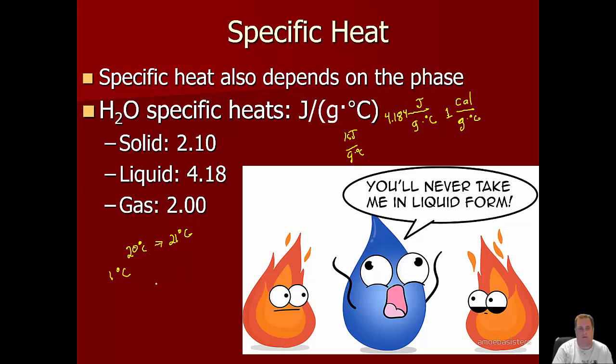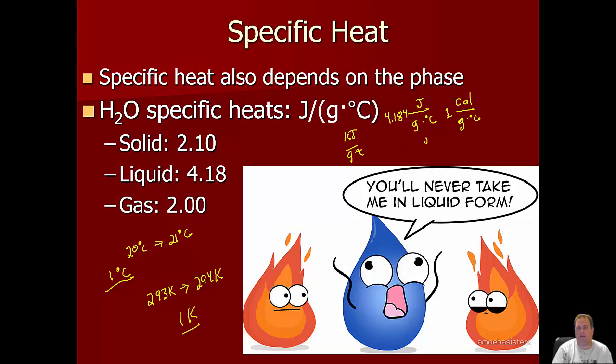Well, 20 degrees Celsius is 293 Kelvin. 21 degrees Celsius is 294 Kelvin. So we go up 1 Kelvin. It's the same, because the Kelvin and Celsius scales have the same degree. So if we go up 1 Celsius, we go up 1 Kelvin. If we go up 20 degrees Celsius, we go up 20 Kelvin.